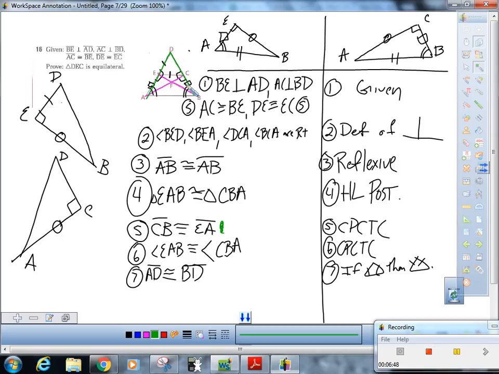So now I can say that DE is congruent to what? DC by, excellent, segment subtraction, or segments subtraction, but that's okay, either way.